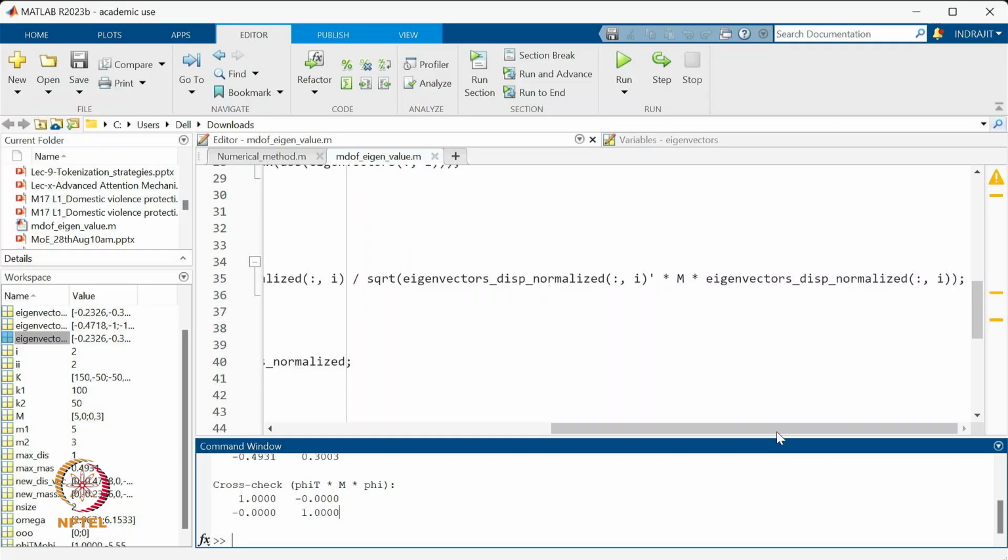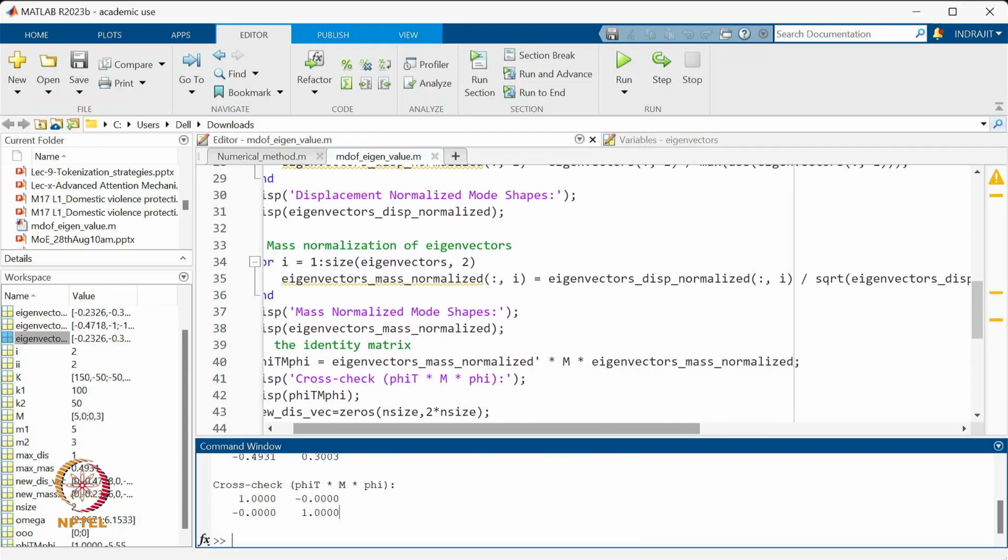We will get the mass normalized eigenvector. In the case of mass normalized eigenvectors, if we calculate phi transpose m phi, that will give an identity matrix. We will not get anything else, just an identity matrix. Make sense?